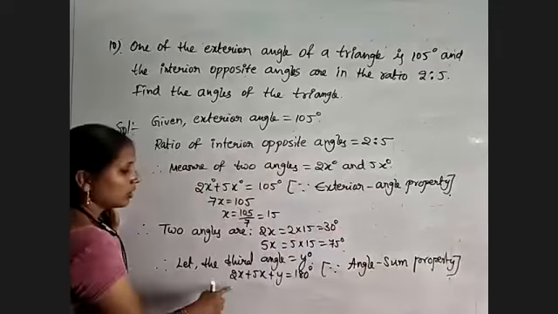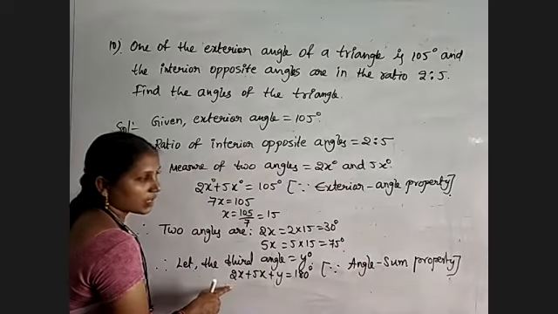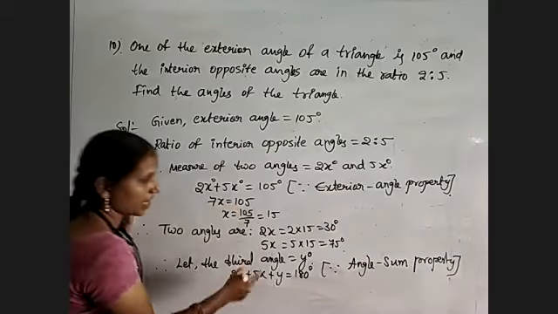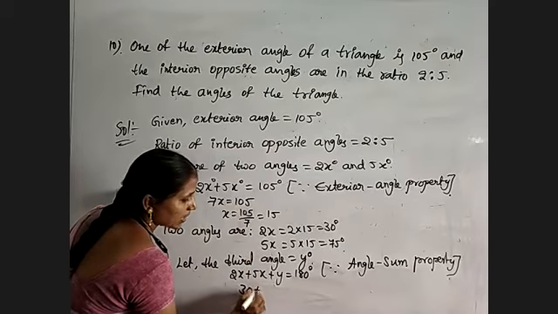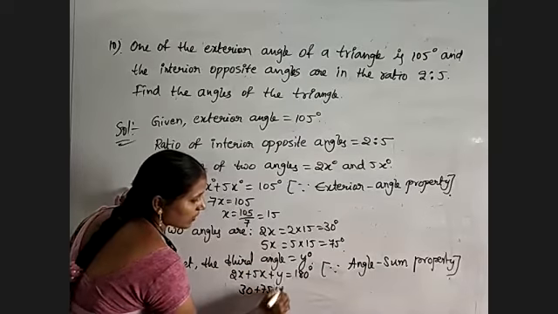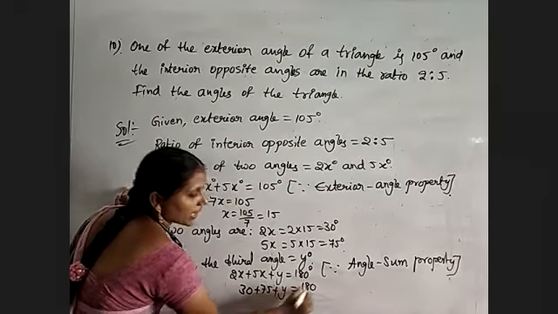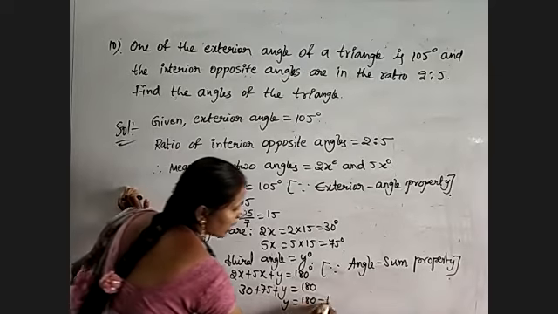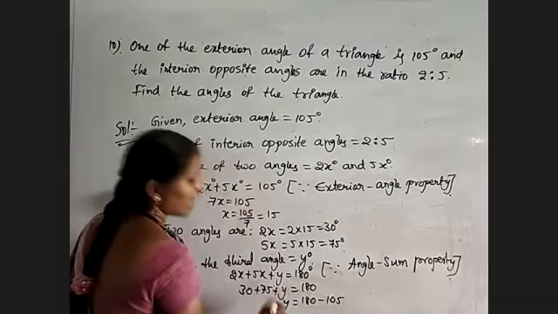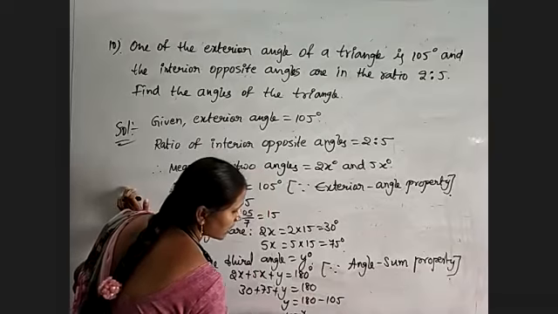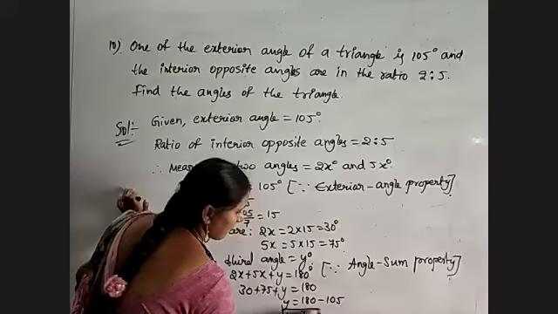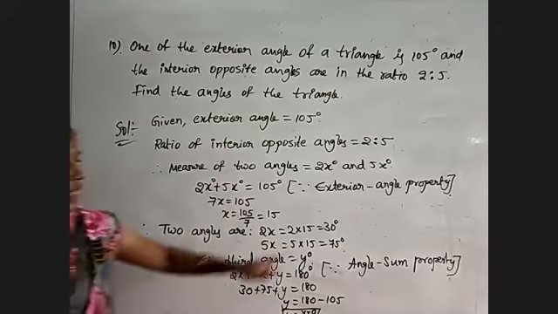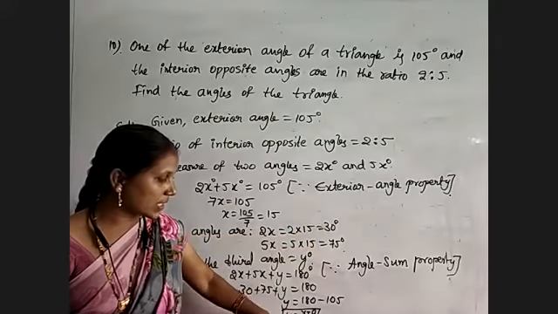Already we have 2x plus 5x, 7x, as 105. Otherwise, 30 plus 75 plus y is equal to 180. Then y will be equal to 180 minus 105, so y is equal to 75 degrees. Therefore, the three angles of the triangle are 30 degrees, 75 degrees, 75 degrees.